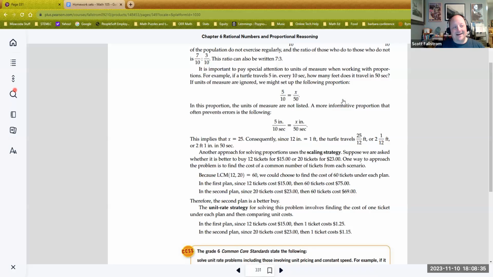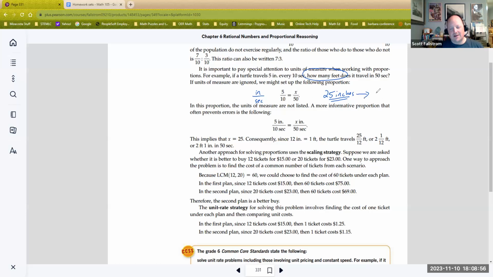But X is not your final answer, because X, if you think about this, would be inches per second. What you solved for is 25, and you got 25 inches. When the question asks for feet, use what you have as your ratio and then convert that into feet. And again, 12 inches for every foot leaves you 2 feet with 1 inch left over. And there's your final answer.